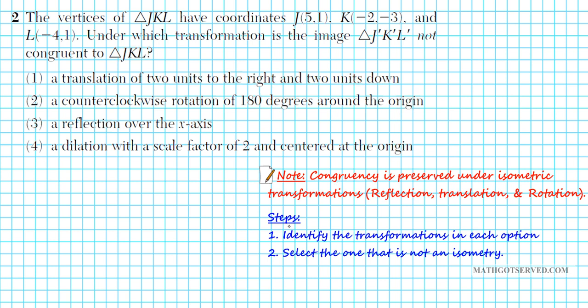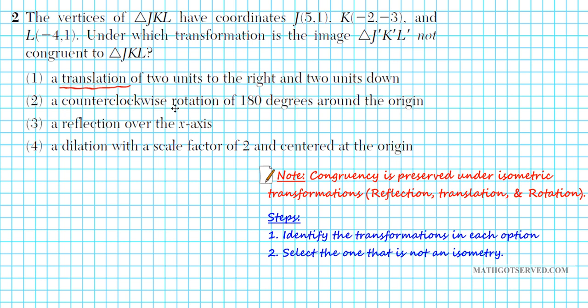All right, so the steps are as follows. First of all, we are going to identify the transformations in each option, and then we'll select the one that's not an isometry, the one that changes the size of the original object. Okay, all right, so for option 1, we're dealing with a translation. Translation is just a slide.